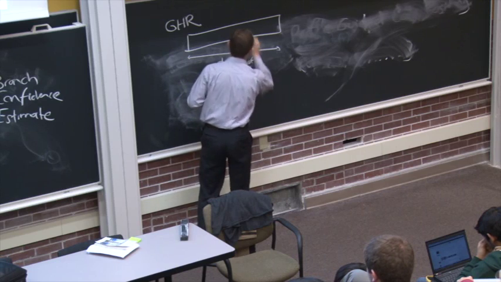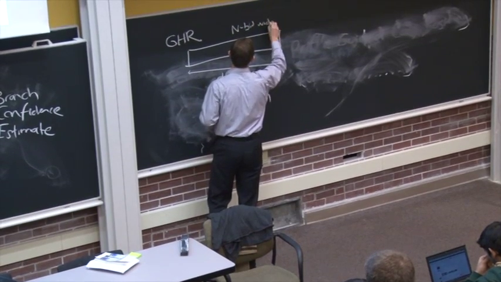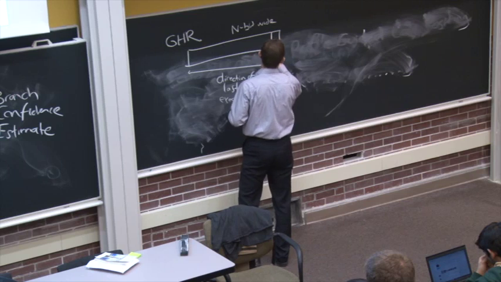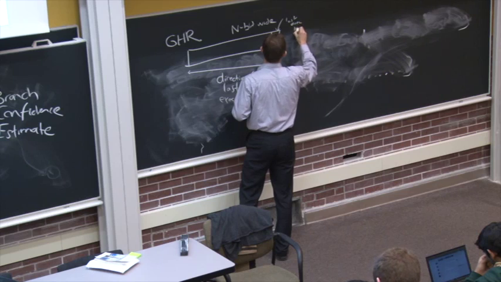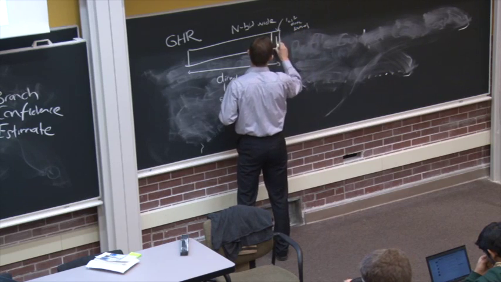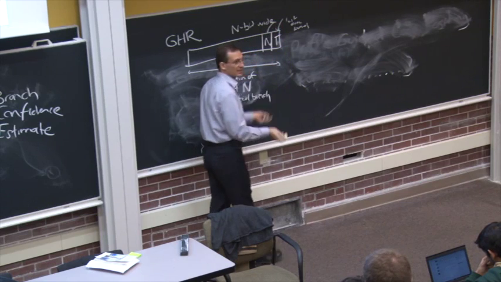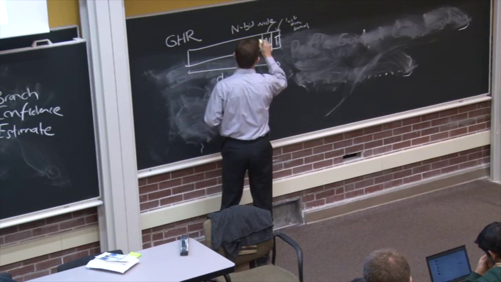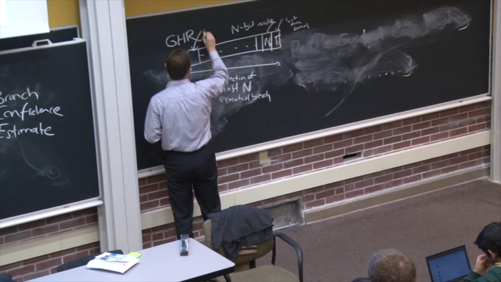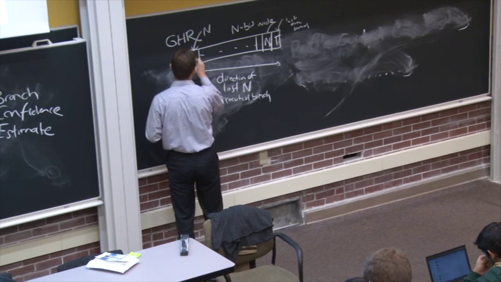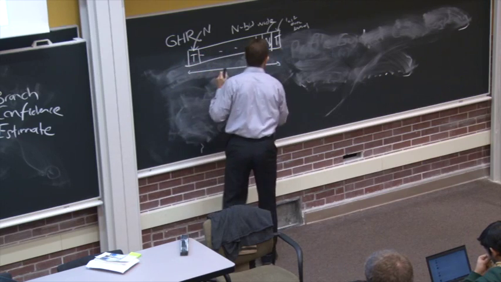What does this mean? This history register is n bits wide, right? Okay? And let's say this is the last executed branch. It could be taken, right? And then the previously executed branch, it could be at a different program counter, it could be not taken. And you have the nth previously executed branch, which could be taken. So you form a history, and you encode this with zeros and ones.